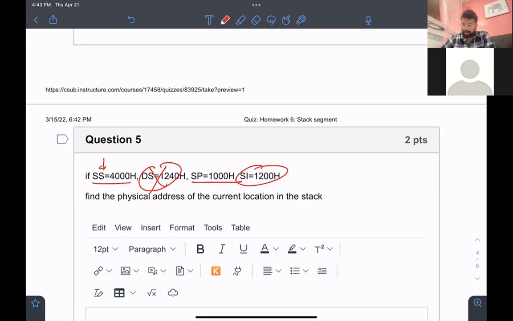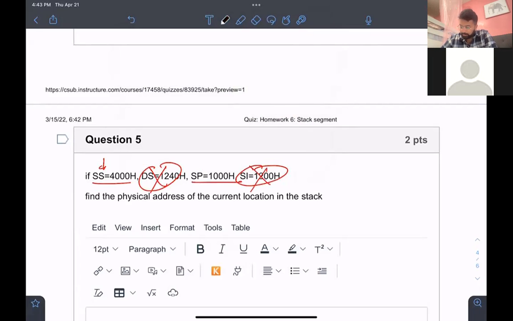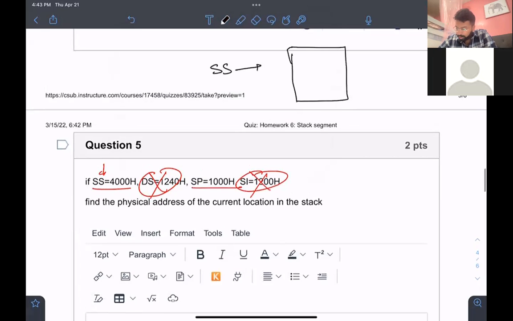And we know the stack pointer is the one that points to addresses in the stack segment, so we don't care about the source index either. After that, it's pretty simple. We just go by a simple rule. Let's say this is the stack segment, and the address of this whole block is 400H.